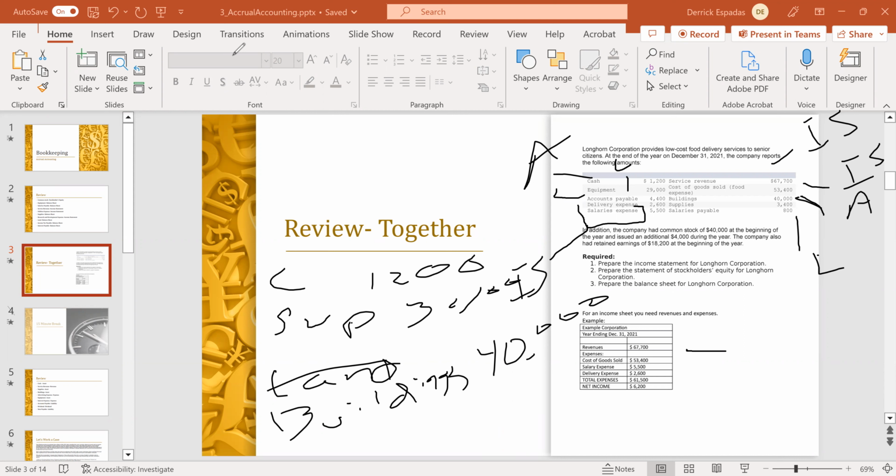All right, so we have 40,000 in buildings. Oh, we did have an equipment item, so that's 29,000. We would put that after buildings. So we're going to put 29,000 in that.